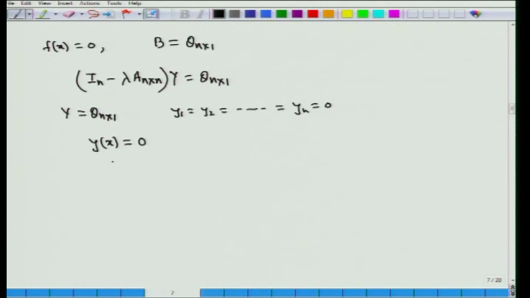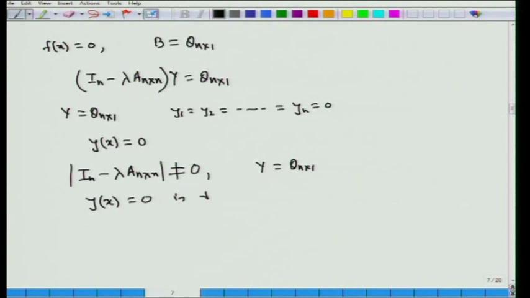Now, if it happens that the determinant of I n minus lambda A n cross n is not equal to 0, then the unique solution for this homogeneous system of linear equations is y equal to theta n cross 1, and therefore from here you can verify that y(x) equal to 0 is the only solution for this integral equation y(x) is equal to integral a to b k(x, s) y(s) ds.